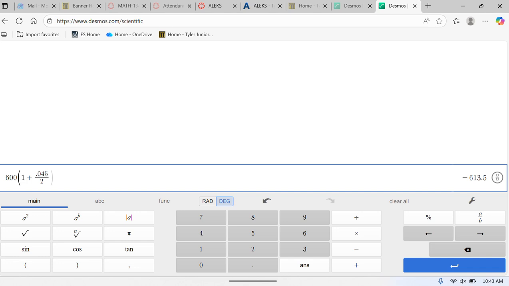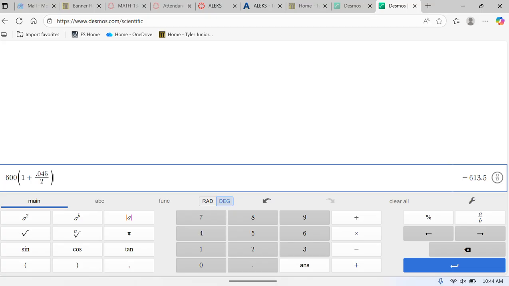Your multi-view will stack them also, but if you don't have a multi-view, it will not stack as easily, okay? So I've got 600 times 1 plus 0.045 over 2. Now I need to raise it to the 2 times 6 power.